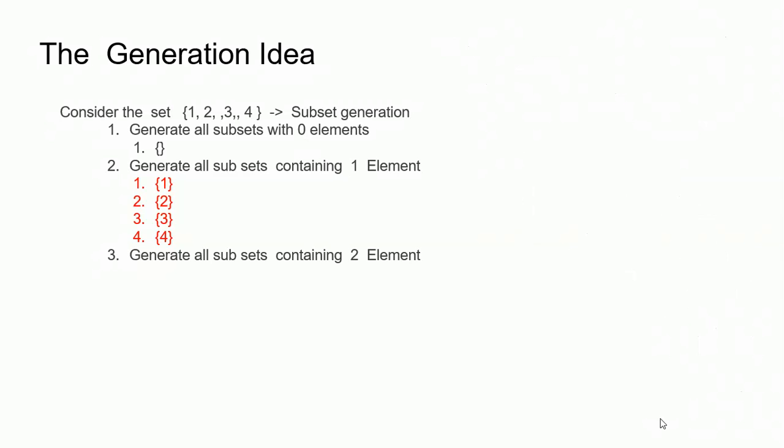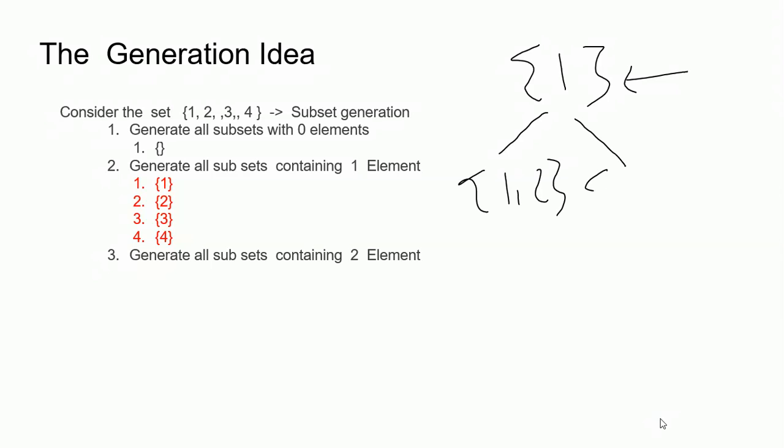Okay. How do you generate subsets containing 2 elements? Use the same principle. If you have a subset with 1 element, you can add all the elements which are greater than 1 into this subset and generate the subsets containing 2 elements. Suppose I take the subset 1. If I add 2, I get the subset 1, 2.